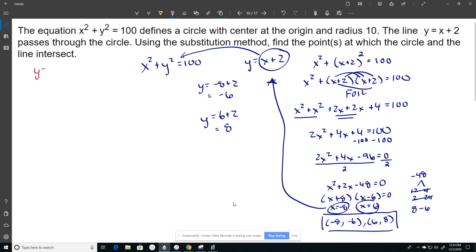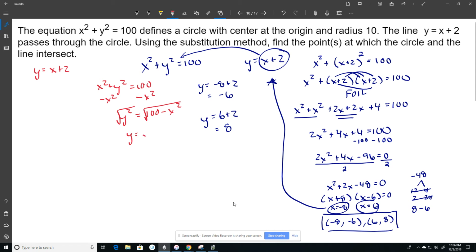One of our equations is already y equals x plus 2. But this one, x squared plus y squared equals 100. To solve for y, I have to subtract x squared. So y squared equals 100 minus x squared. And here's where we need to be careful. To get rid of the squared, I square root both sides.